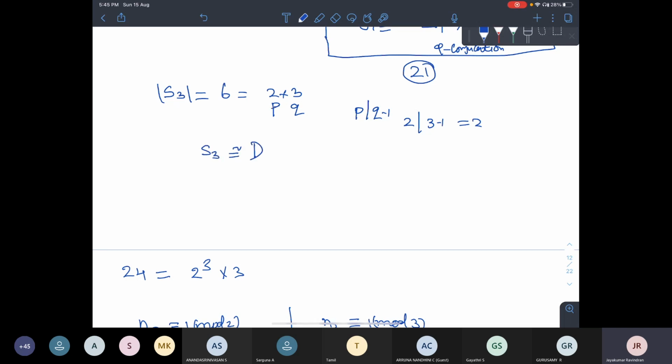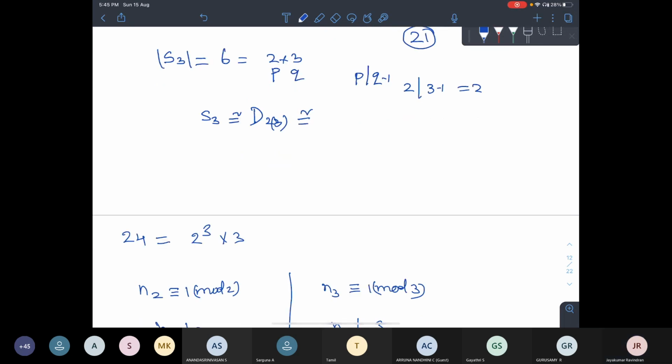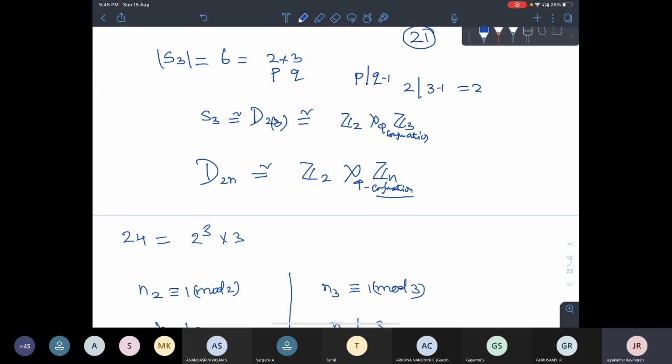It's a well-known fact: this is Z2 semi-direct product Z3, with conjugation. In general, Dn is isomorphic to Z2 semi-direct product Zn. This is conjugation, and there is exactly one conjugation because of the order 2, which is called inversion.